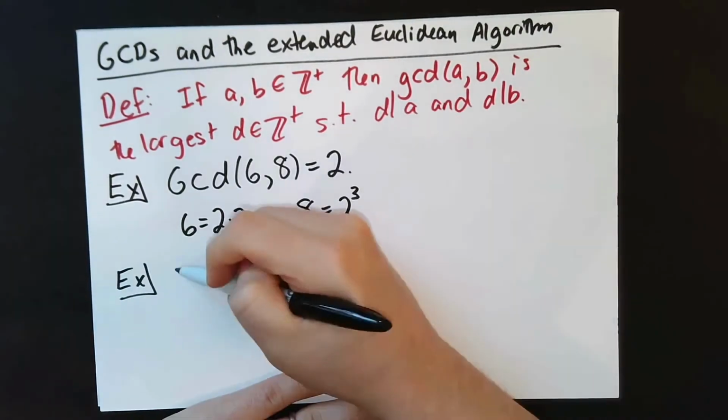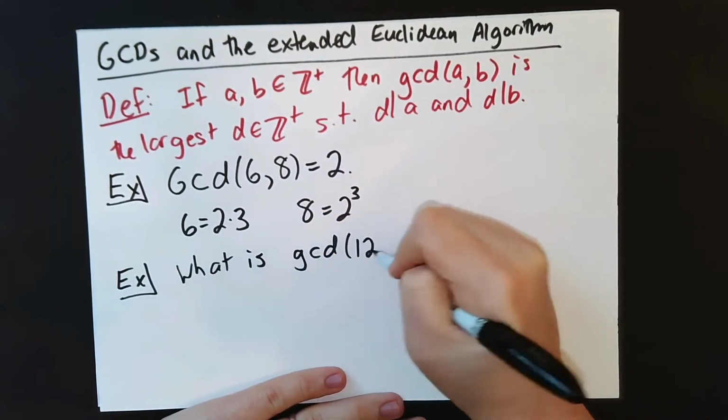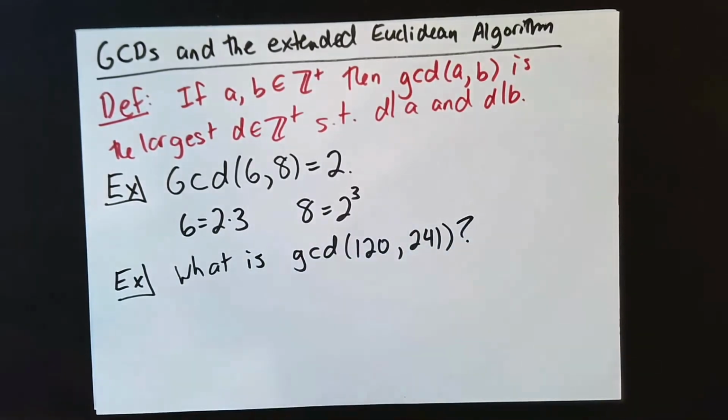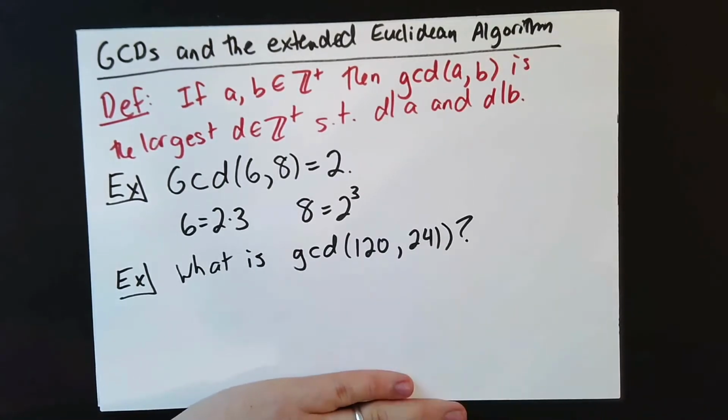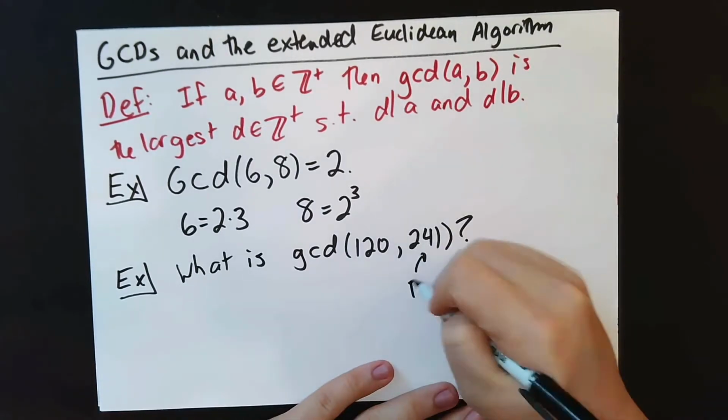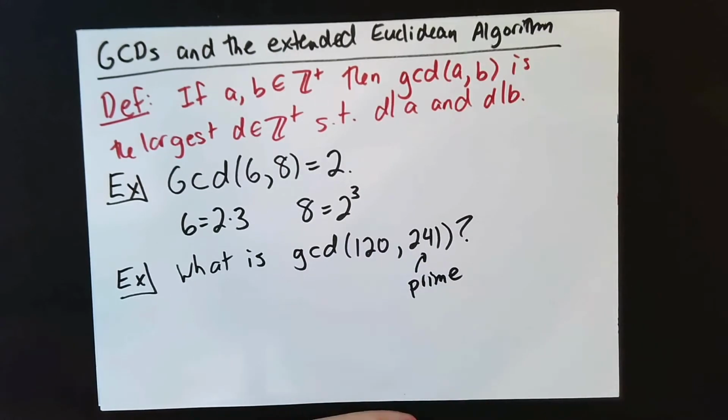As another example, I could take some larger numbers, like 120 and 241, and I could ask you what the greatest common divisor of these is. Now these numbers might be large enough that it's not immediately clear. But I'll give you a hint. 241 is prime. If you believe my hint, can you figure out what the greatest common divisor has to be?